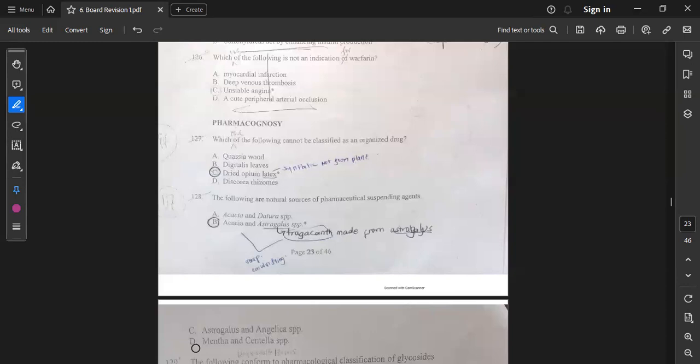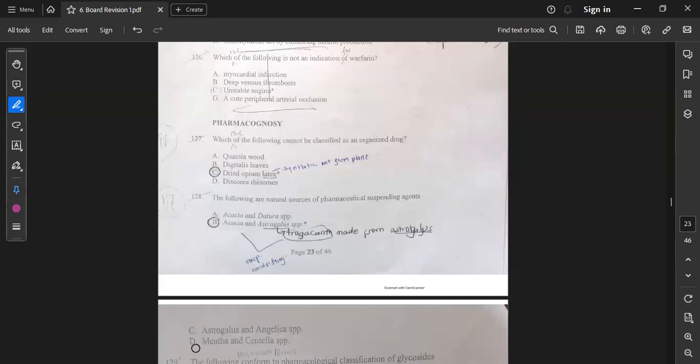Which of the following cannot be classified as an organized drug? The dried opium latex, right?